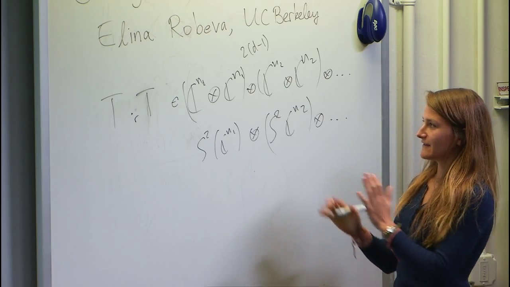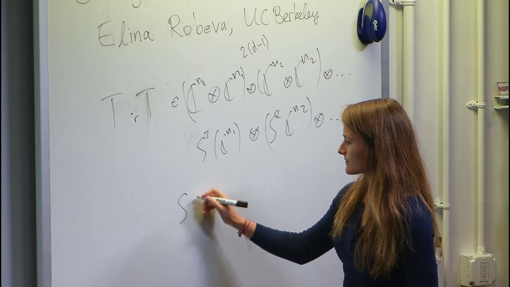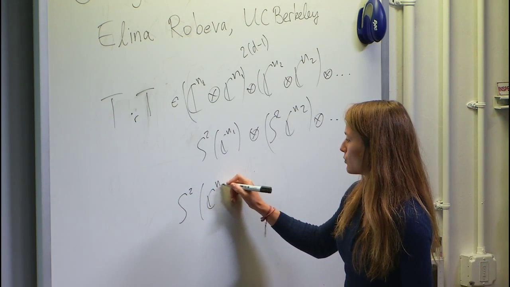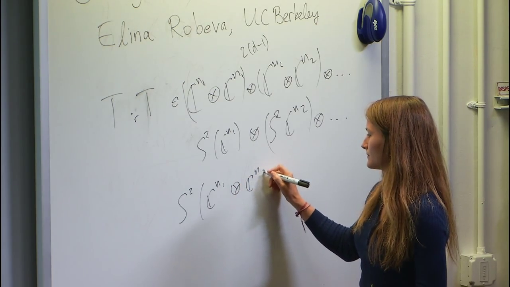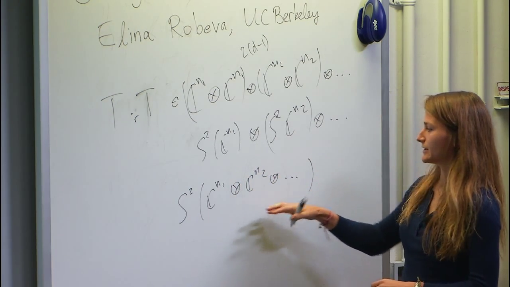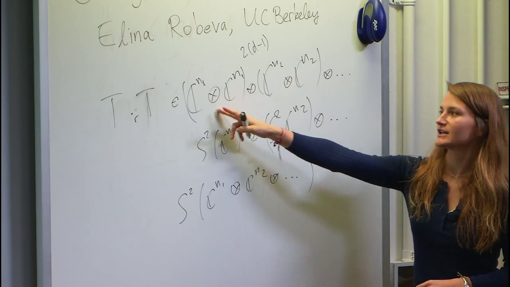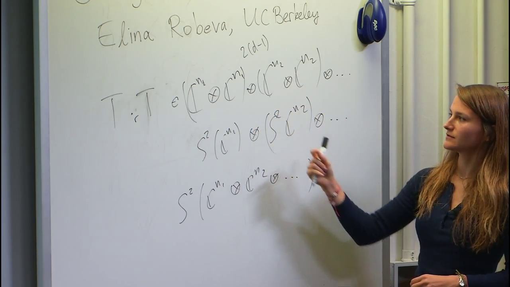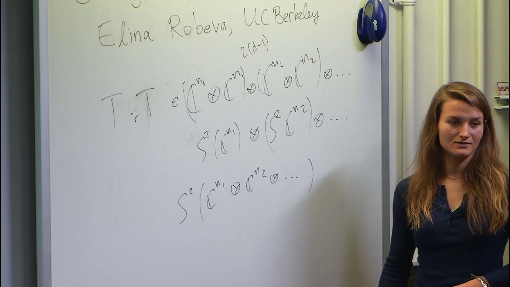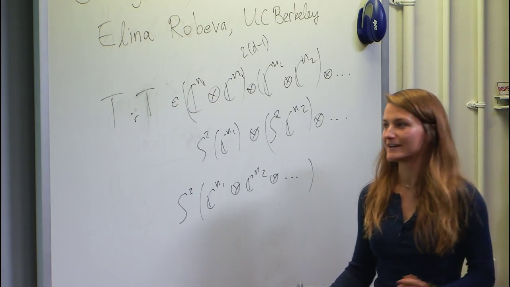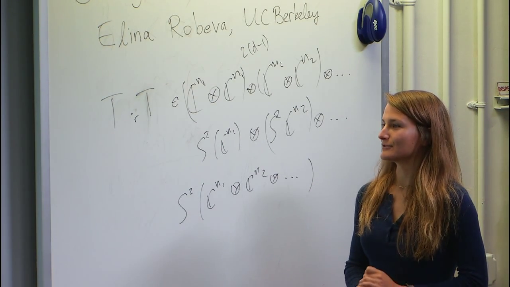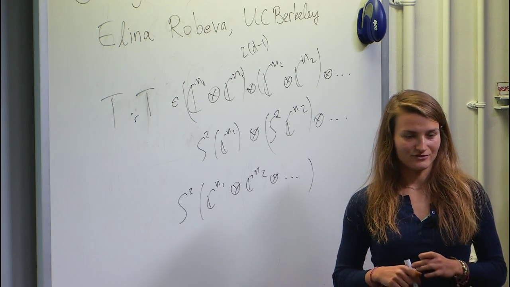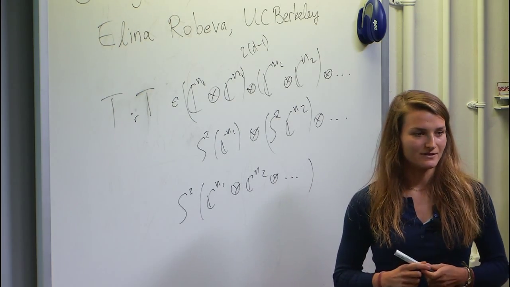So it definitely lies in S2 of the whole product. But the equations say that you can actually switch the coordinates in each. And that's kind of nice, but I still don't know how to prove that these equations are actually the equations defining the orthogonally decomposable tensors.